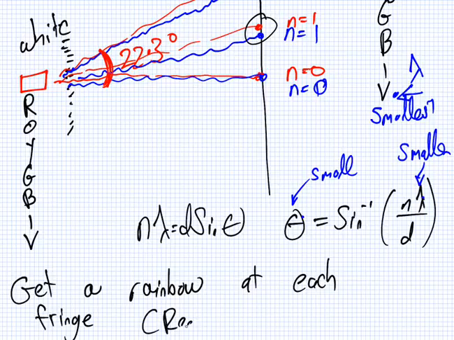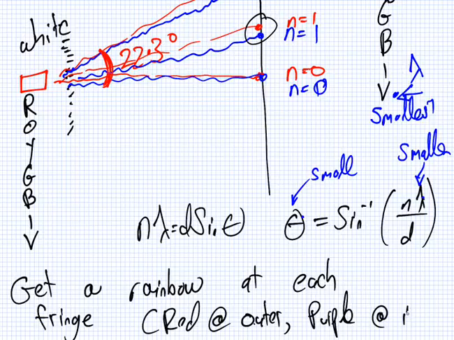If you replace this with white light, you get all the colours: red, orange, yellow, green, blue, indigo, violet. And here when you look at the dots, you get red and blue in this order. If I put in some orange light, it won't surprise you that the orange light will be here.